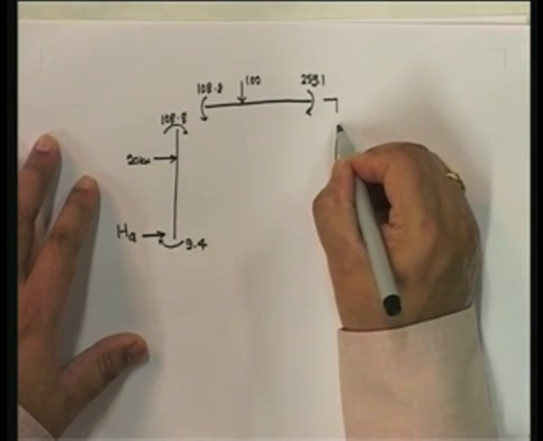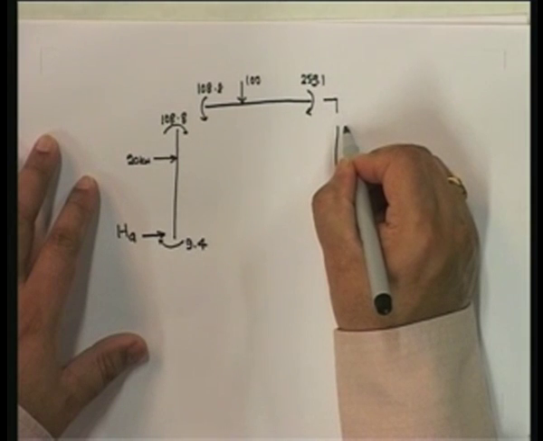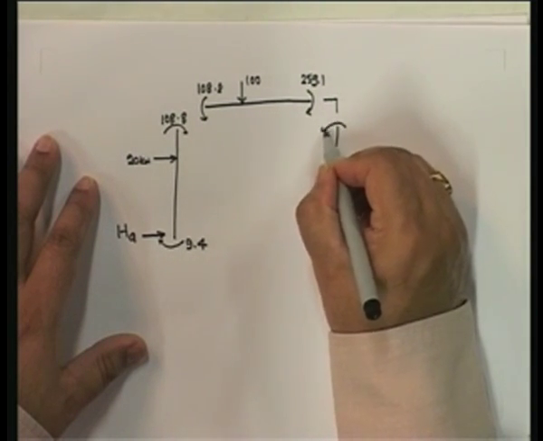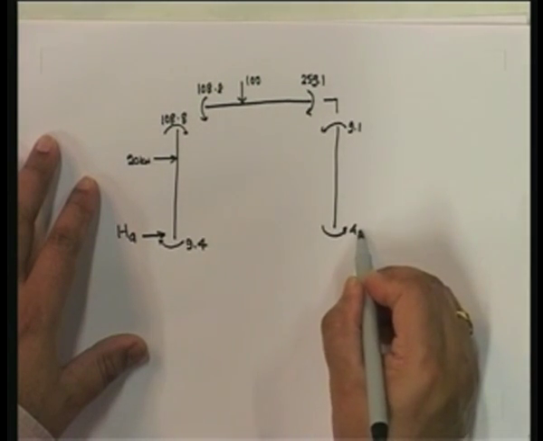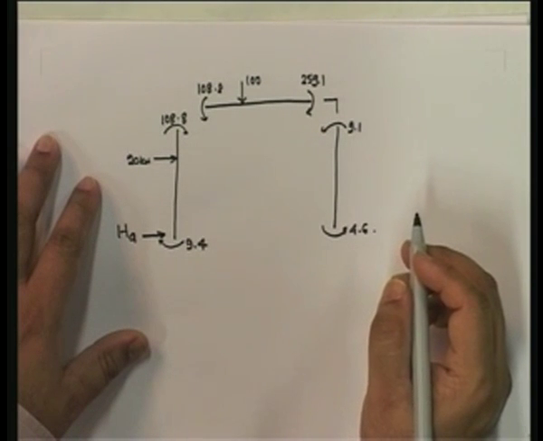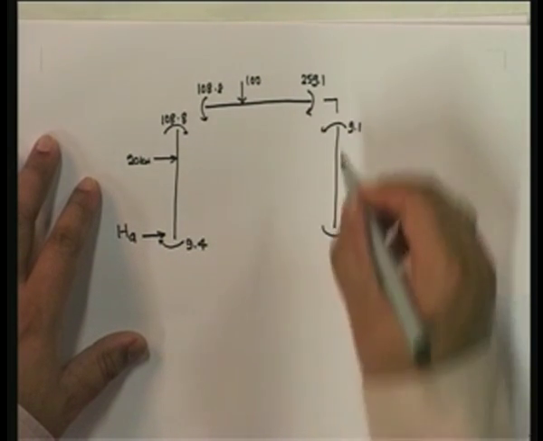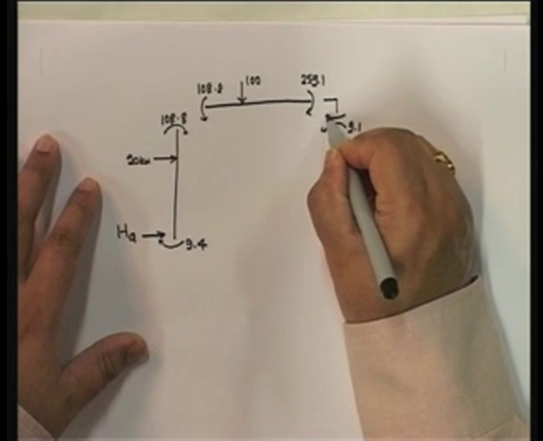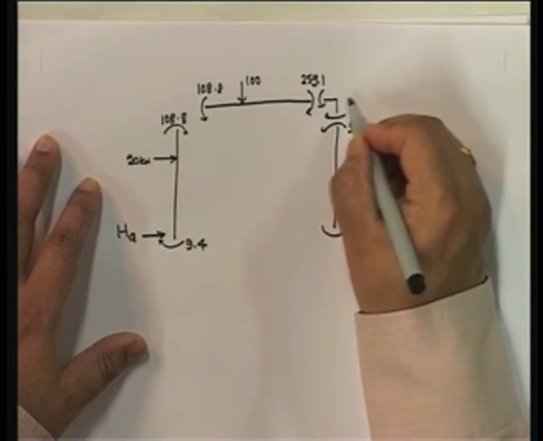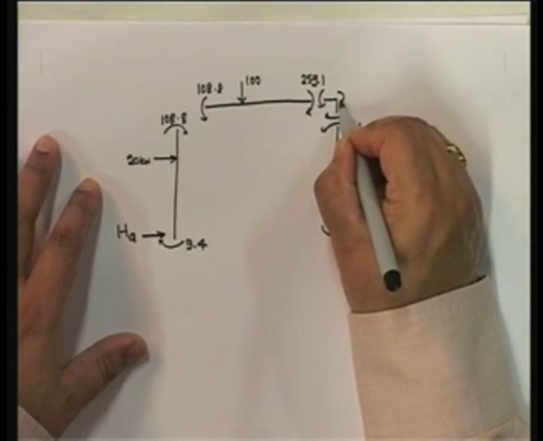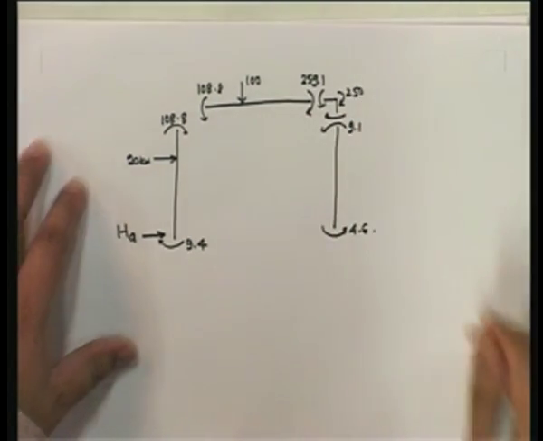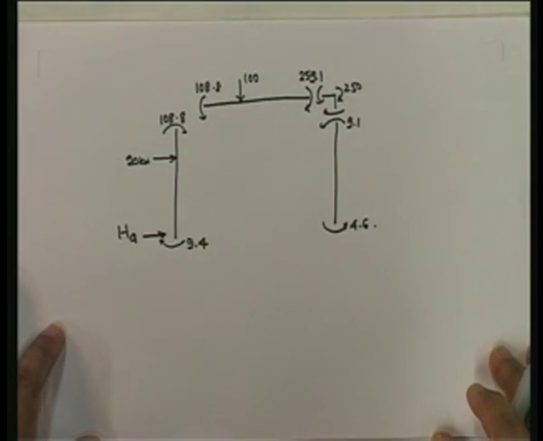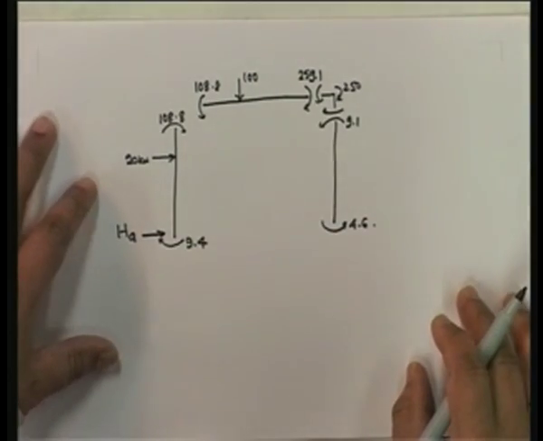Here this is going to be plus 9.1, this is going to be plus 4.6, okay, and understand that here you have this, and here you have a net moment of 250, so that they balance each other out. Here these balance each other out automatically.